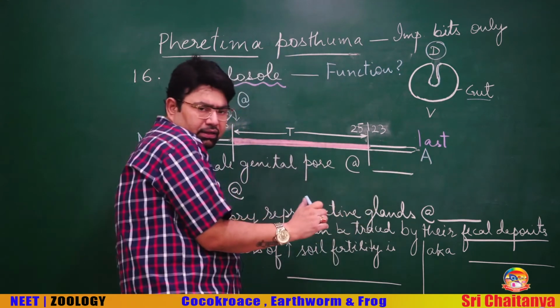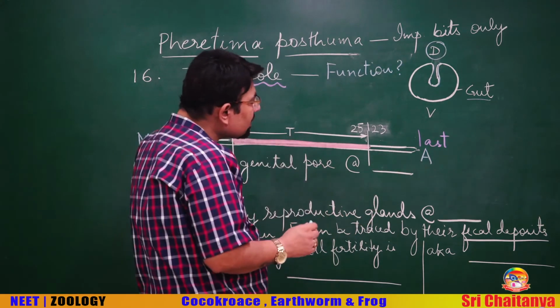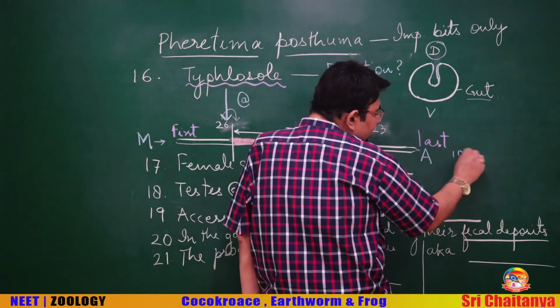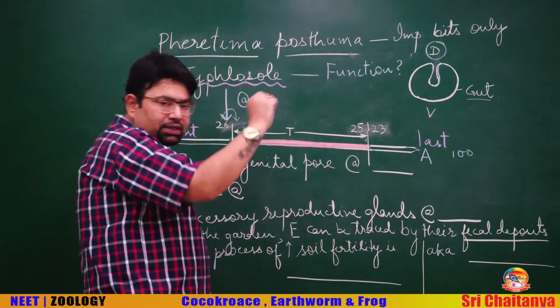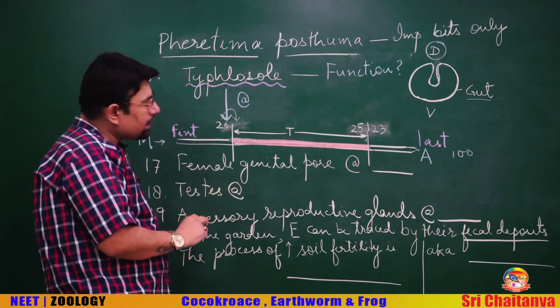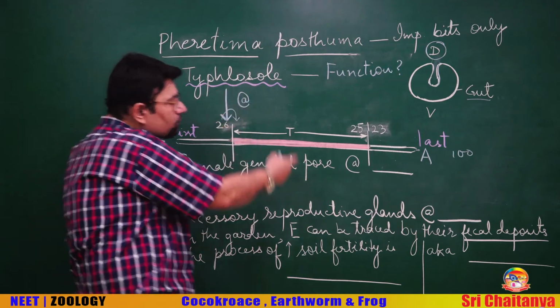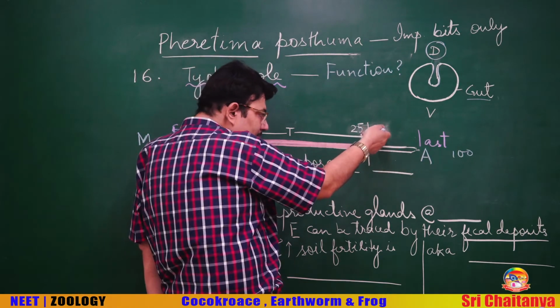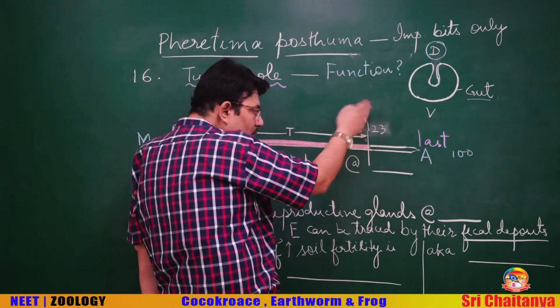A rough idea. Now they can give you a question, for example, if the earthworm has 100 segments, what is the most likely site of typhlosolar region? So that way you can answer 26th onwards and last but either 23, 24 or 25.